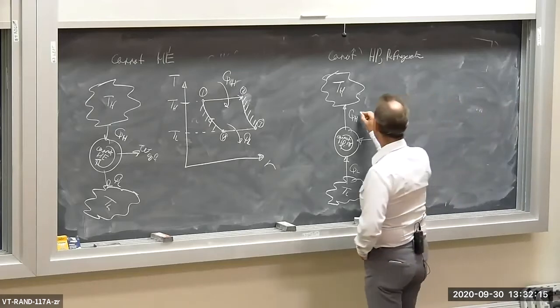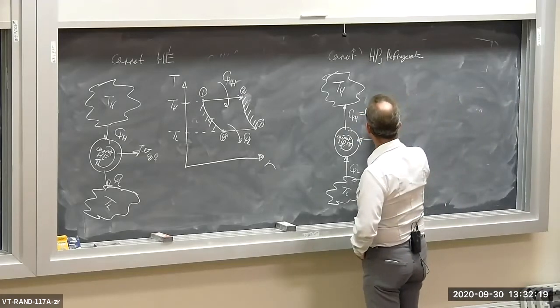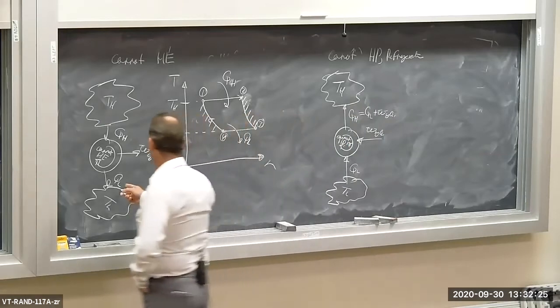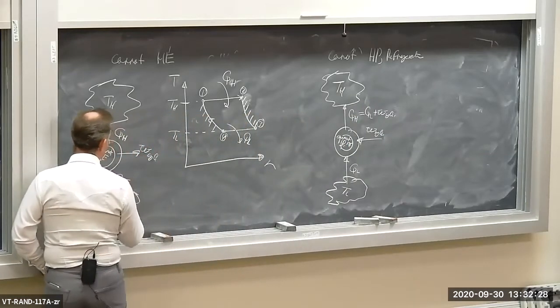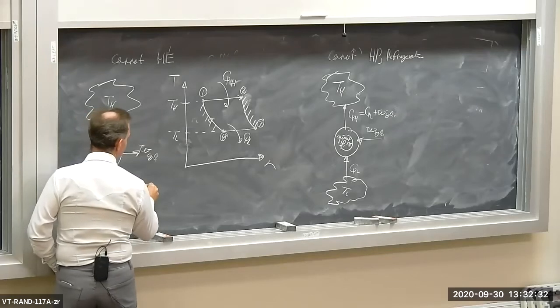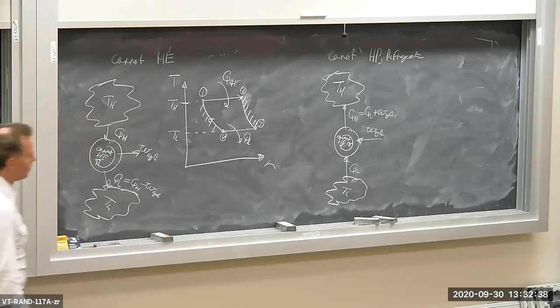If you apply the energy balance, you'll see that Q high is equal to Q low plus the cycle work. Likewise, if you apply the energy balance on the Carnot heat engine, you'll find that the heat rejected to the low temperature reservoir is the heat received from the high temperature reservoir minus the cycle work. So that's a Carnot heat pump or refrigerator.